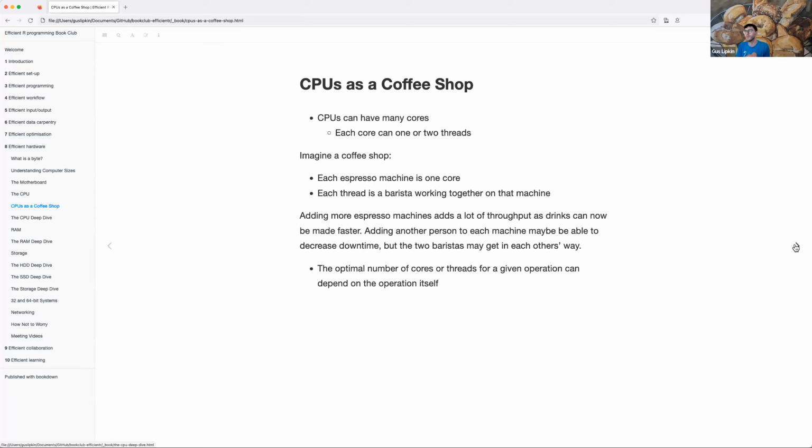And then if we add another barista to work on the same machine, it's like adding another thread. And so by adding more machines or more baristas, we can speed up processes a lot. But adding another person to each machine decreases downtime a little bit, but the 2 baristas can get in each other's way. And so it won't be a perfect scale on getting faster.